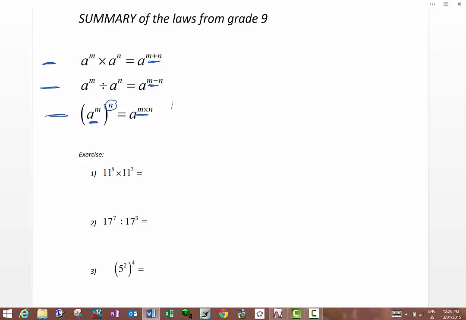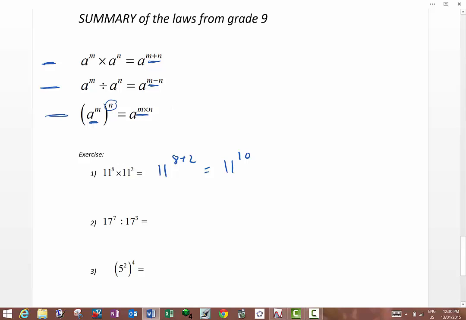Well, how did you do? 11 to the 8 times 11 squared, well, numbers to the same base, so all we do is add the exponents, so this is 11 to the 8 plus 2, which is of course 11 to the power 10.